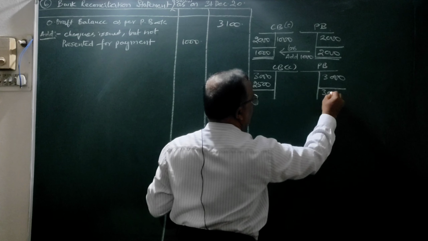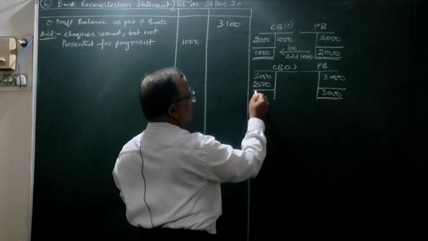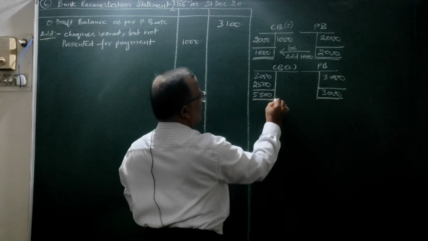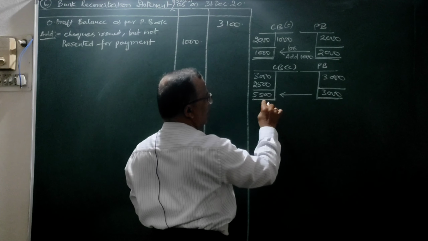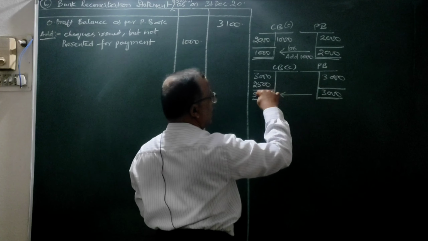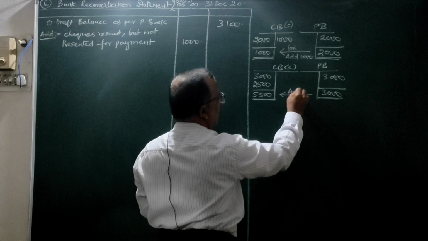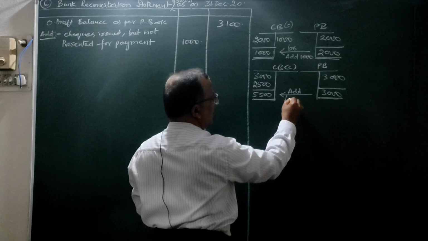So passbook is showing a minimum balance of 3000, whereas cash book shows how much? 3000 plus 2500, 5500. So our arrow mark will be pointing towards the cash book. This will remain constant, so this amount should be converted to 5500. So to this, what should we do? Ordinarily we should add, but since it is an overdraft problem, we do the opposite, which is less.